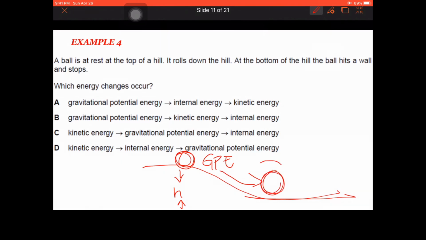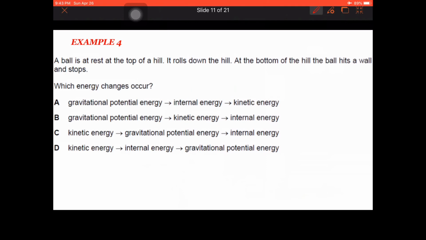As it rolls down the hill, there'll be kinetic energy, and then finally there's heat produced because of the friction against the ground. So we don't have heat over here at the last part, but it is actually internal energy also. So our answer here will be letter B, gravitational potential energy to kinetic energy to internal energy.